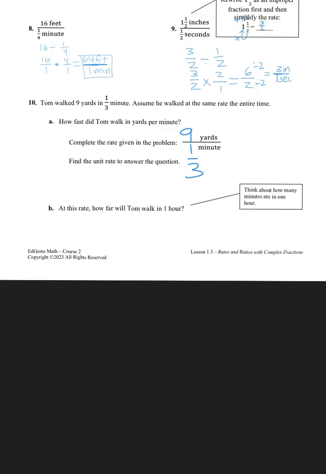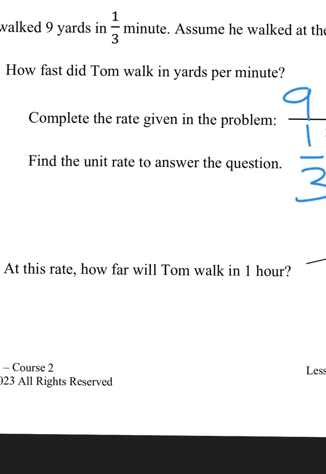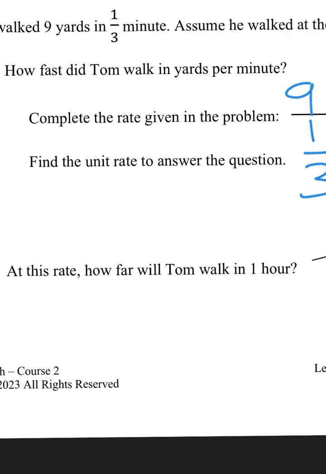So to find the unit rate, we're going to divide both the numerator and the denominator by 1/3. Okay, so let's go ahead and do that here. And again, I'm going to expand this out so I got a little more room to write. So please forgive me. Here we go. So we're going to take the numerator, 9. And we're going to divide it by 1/3.